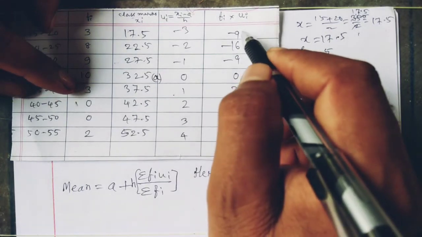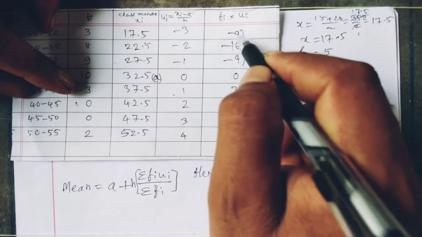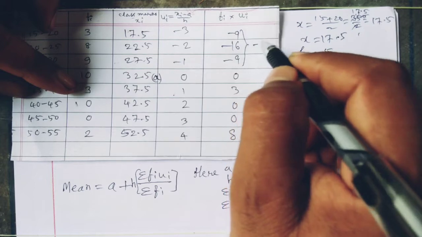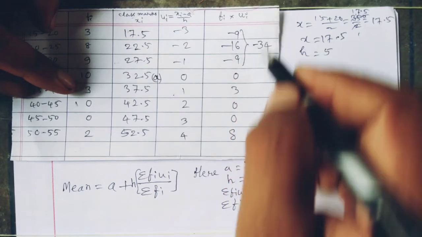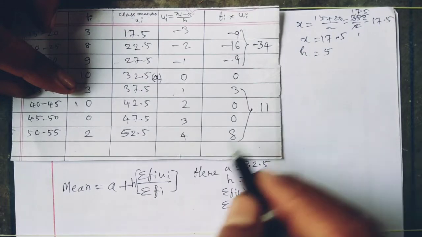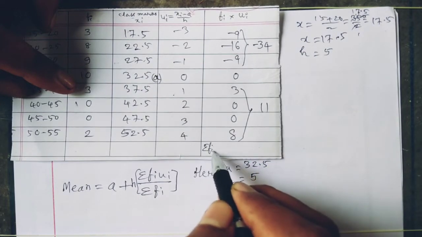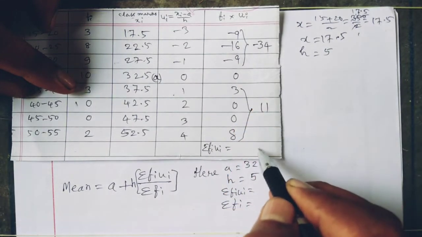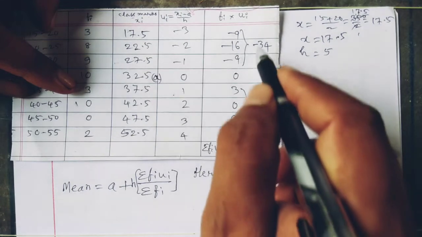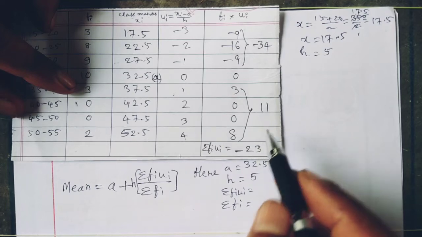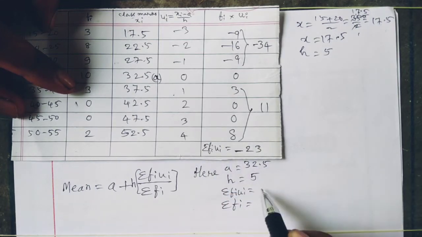So here the negative numbers sum to minus 34, and the positive numbers sum to 11. So sigma fi ui is equal to minus 23.